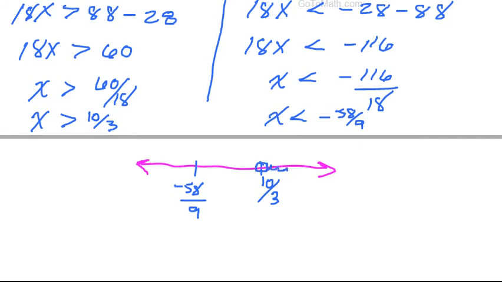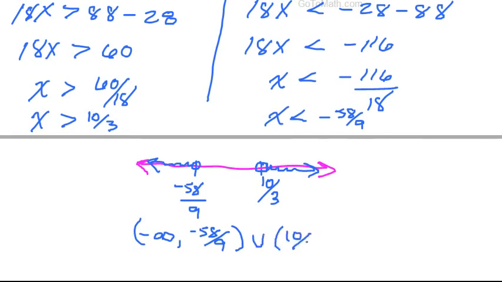Put a hole there. Everything greater, of course. That's kind of exaggerated, isn't it? You understand, right? And then of course everything to the left. And so we have negative infinity to negative 58 over 9 union 10 over 3 to infinity.